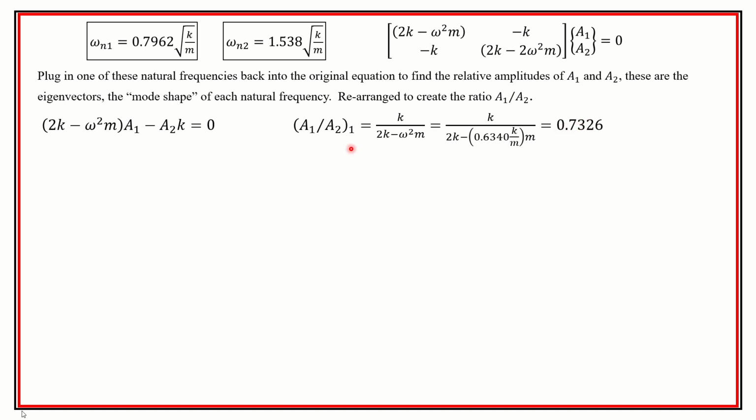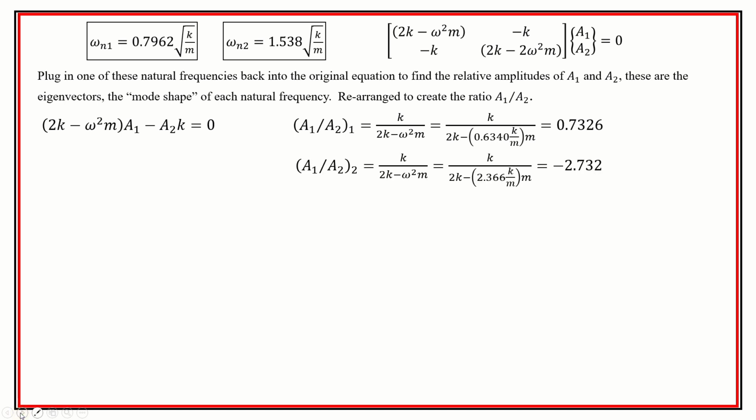And that's going to be the ratio for the first natural frequency that we plugged in. So A1 would be equal to this, and A2 would be equal to 1, right? So it's showing you the proportion that A2 is going to be larger than A1.